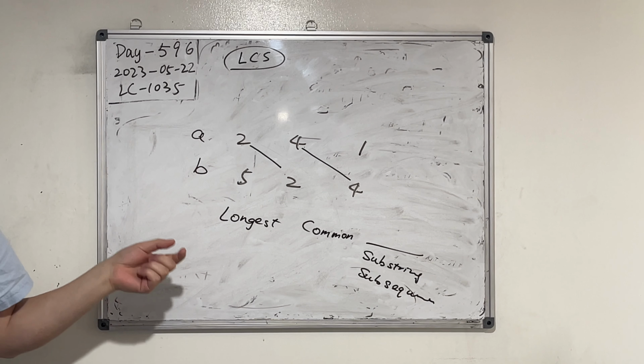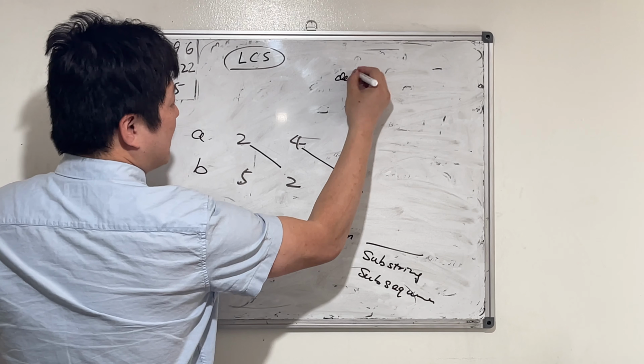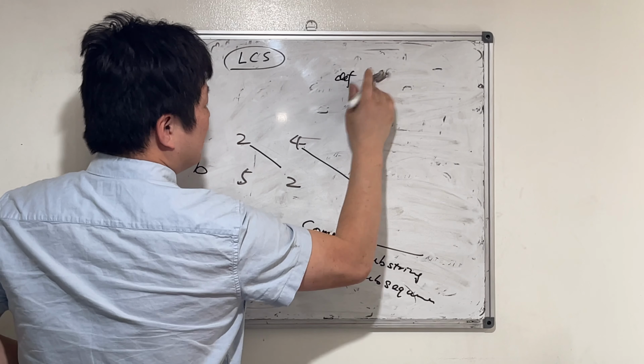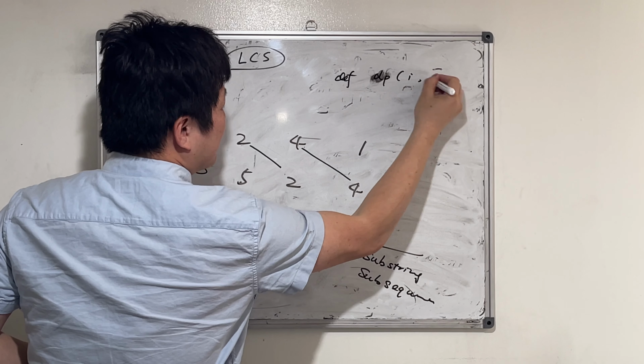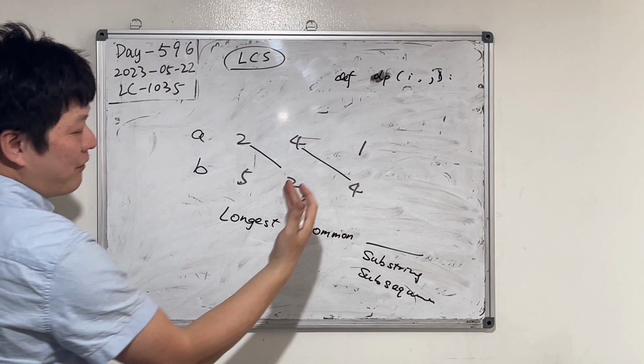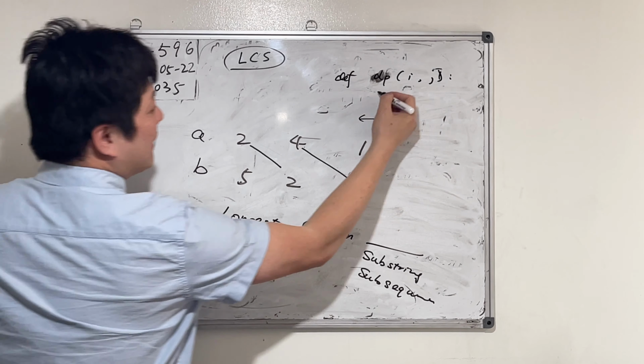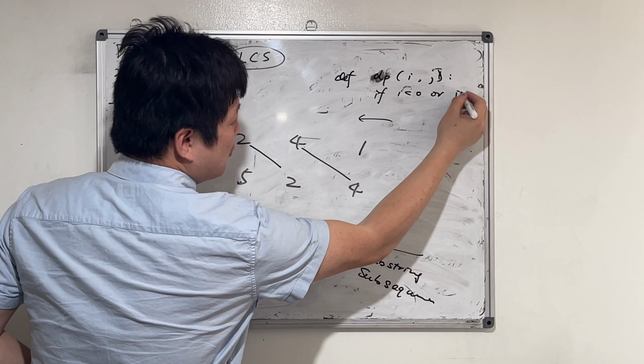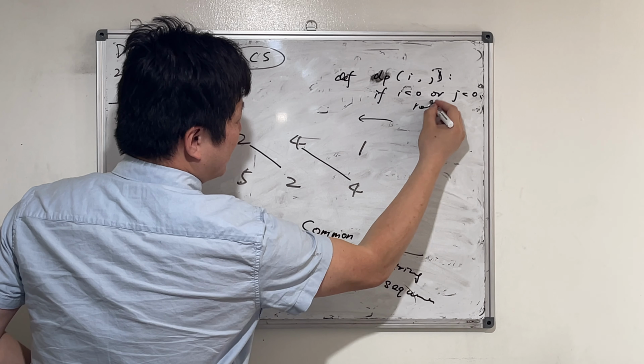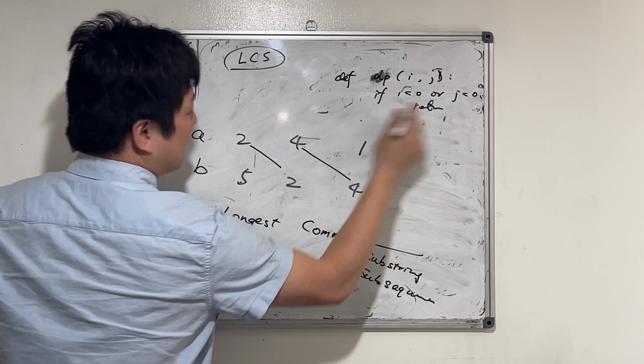It's basically longest common subsequence. We talk about the top-down dynamic programming. Define dp(i, j). We can calculate from right to left or left to right. Let's do it from right to left. If i is smaller than 0 or j is smaller than 0, then we return 0.